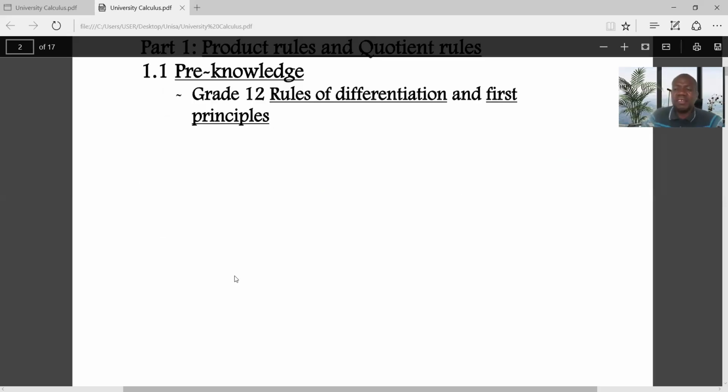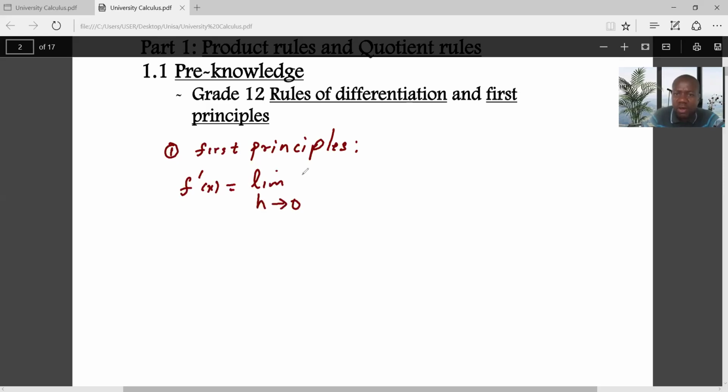As a prerequisite, one must understand the concept of first principles, which is defined as f prime of x equals the limit as h approaches 0 of f of x plus h minus f of x, all over h.